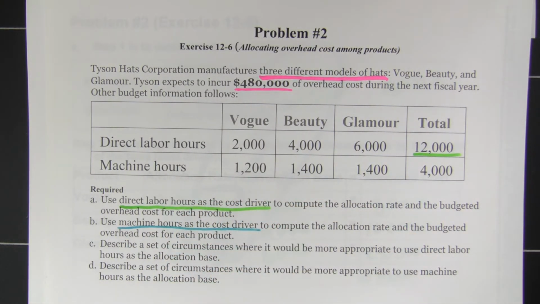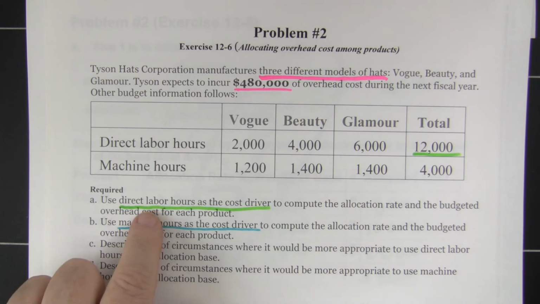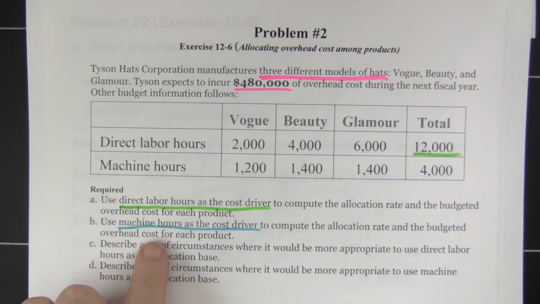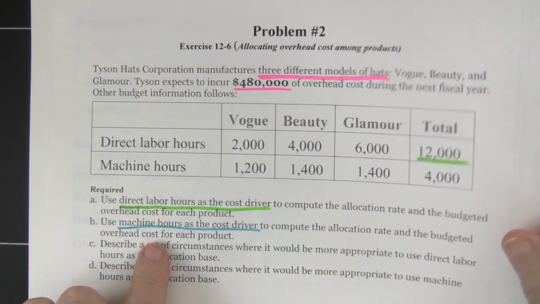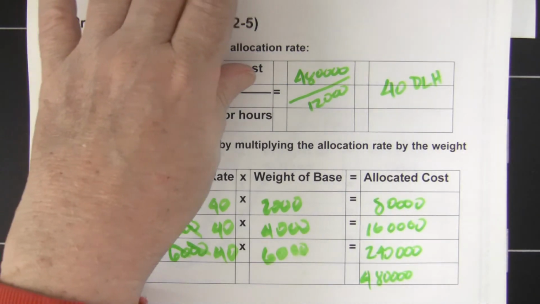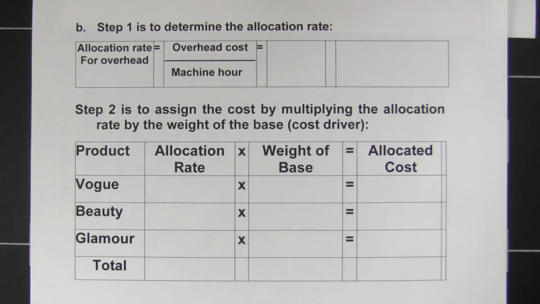And you could argue that there are some labor hours that are not making hats, but every machine hour is making hats. You could make either argument, or you could make neither argument and just hire some fool like me to do it. But until you get there, you got to play along.